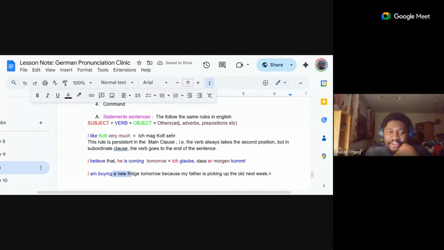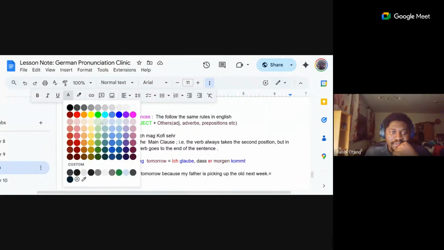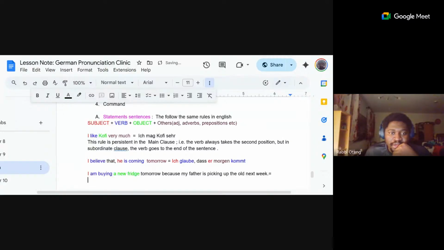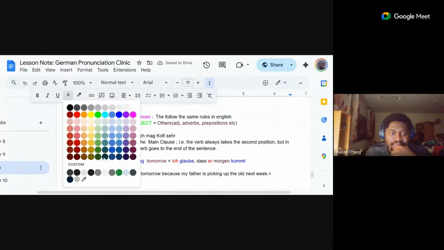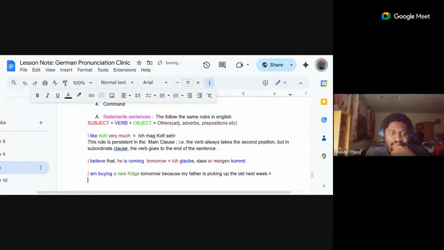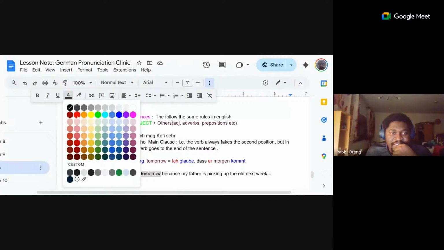We are buying a new fridge. Then we have our adverbial of place or time, which is others.